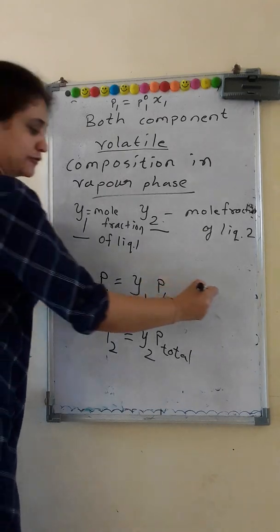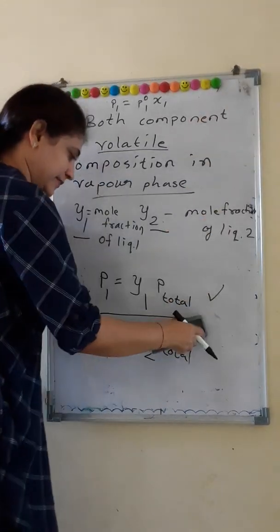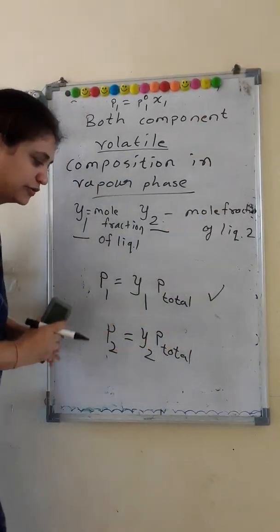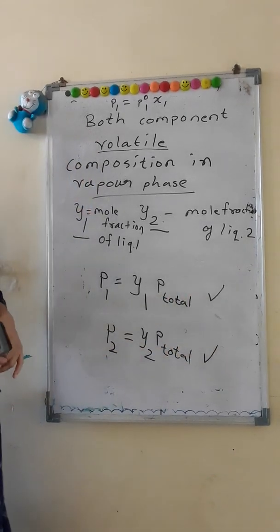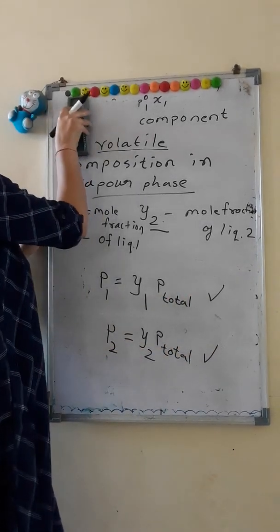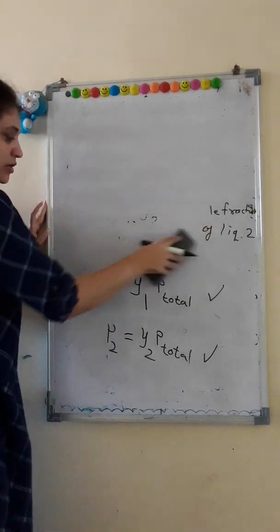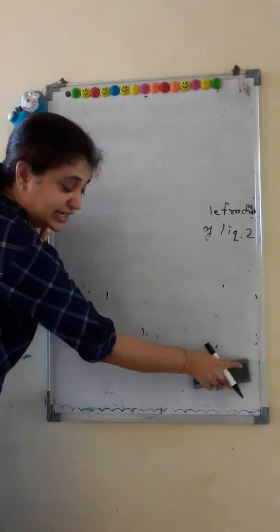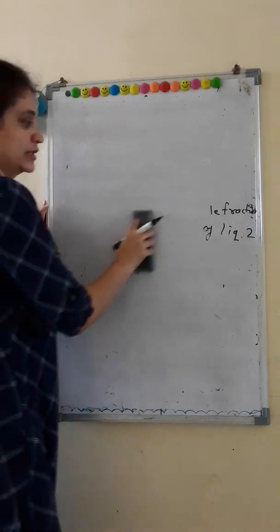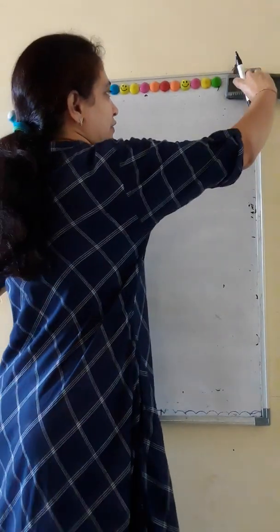So this is a very useful formula to calculate composition of liquids in vapor phase in numericals. So with this we have completed all the formulas related to liquid solution and solid in liquid solution. That is, Raoult's law is over.